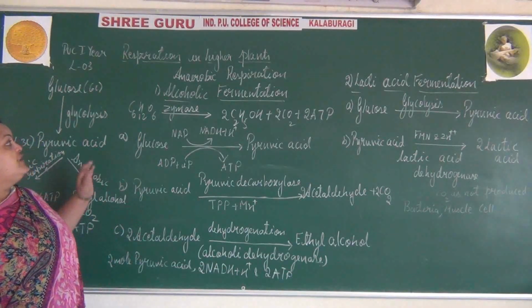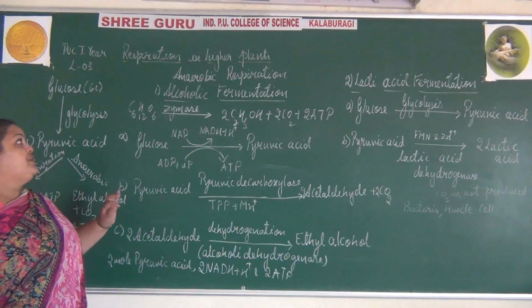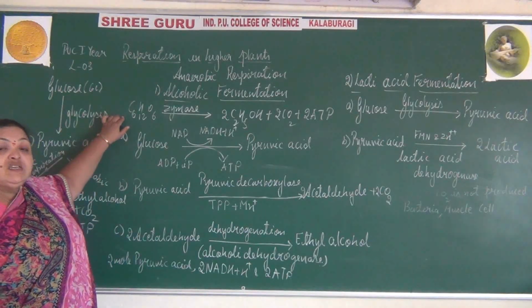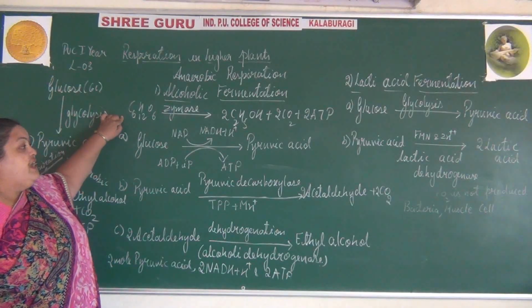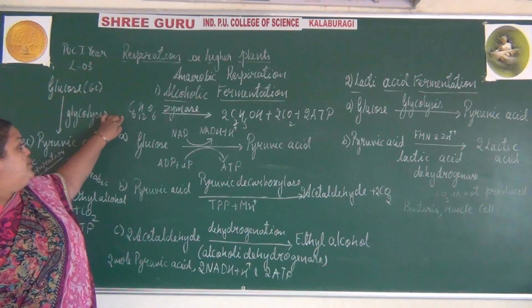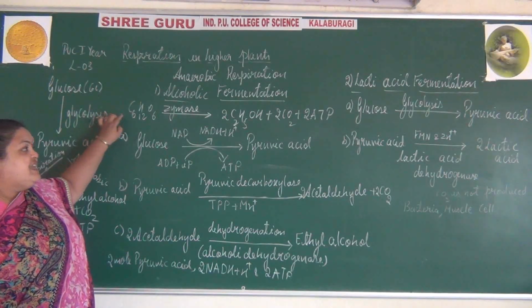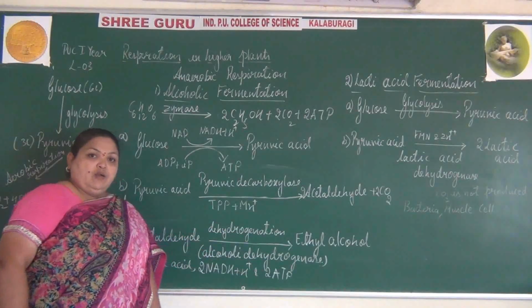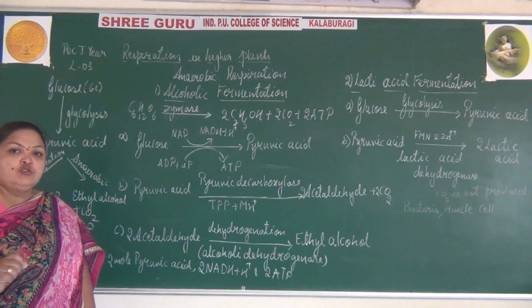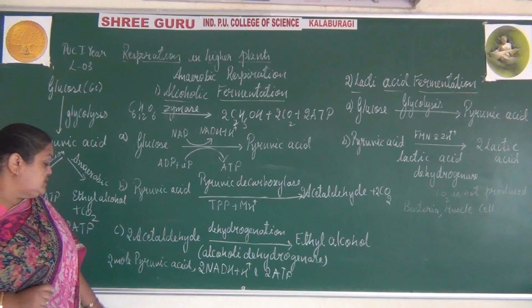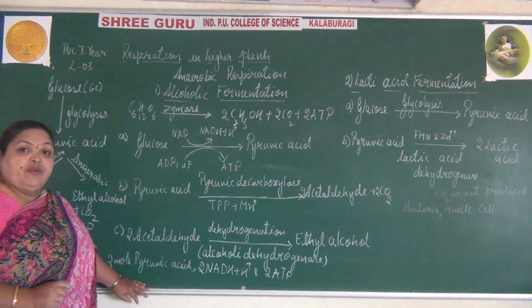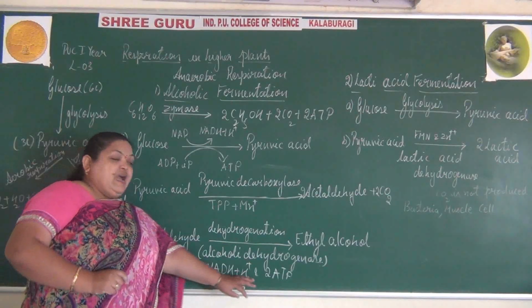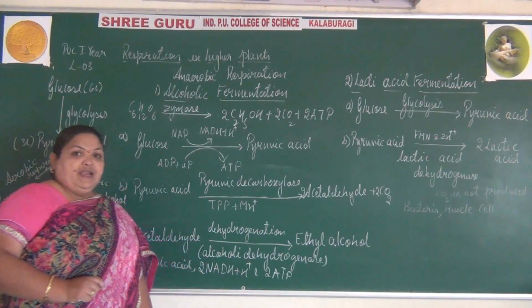So in alcoholic fermentation, as a part of anaerobic respiration, where the zymase enzyme is involved, the glucose is broken down to form ethyl alcohol, and it produces two molecules of pyruvic acid, two molecules of NADH2 and two molecules of ATP.